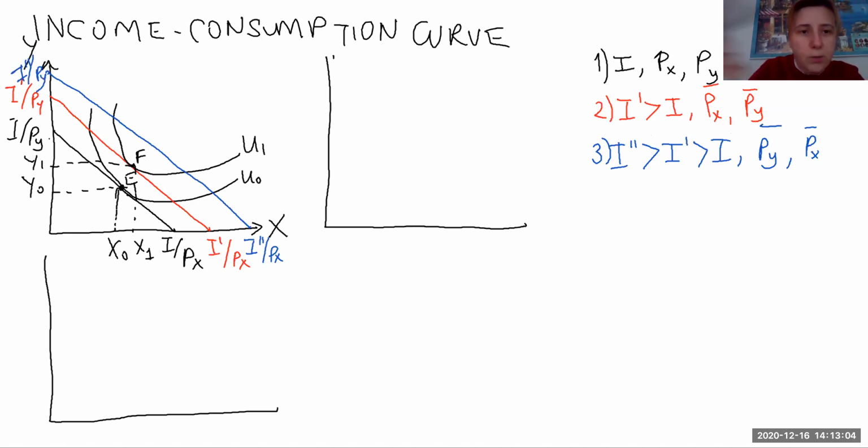And of course, a higher utility level is possible for this consumer. U2 is the new utility level of this consumer, and the choice will be on point G, bundle G, which contains X2 units of X and suppose here Y2 units of Y.